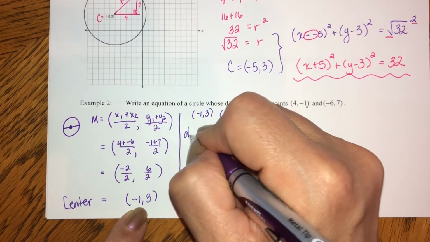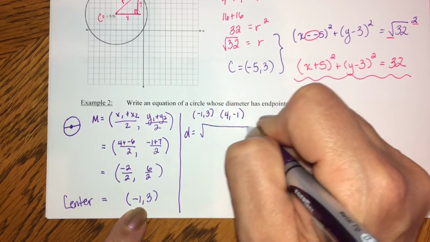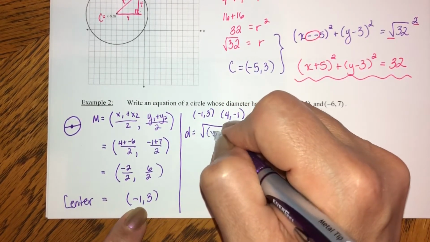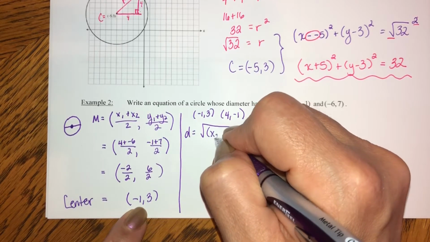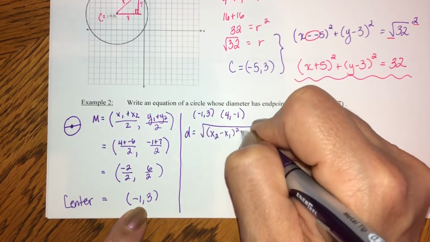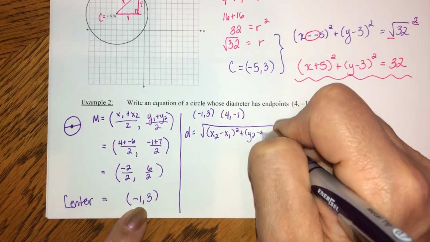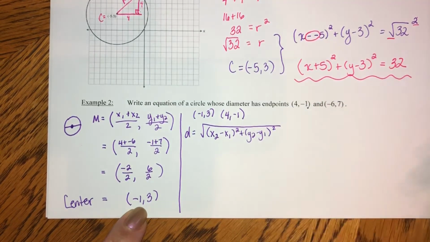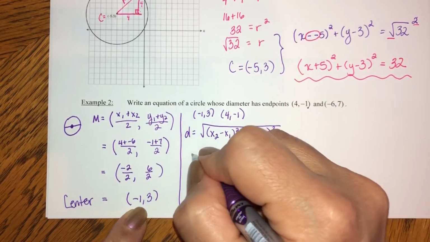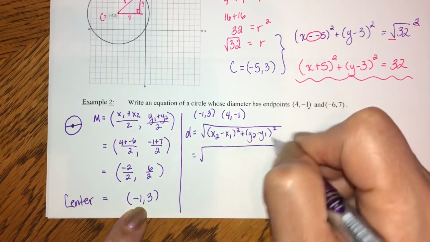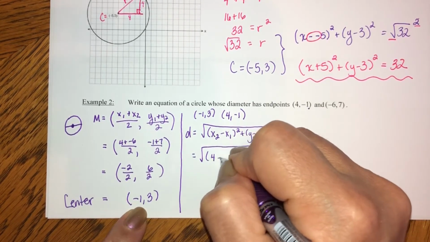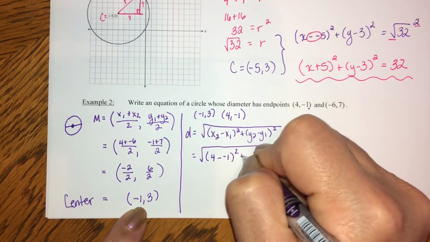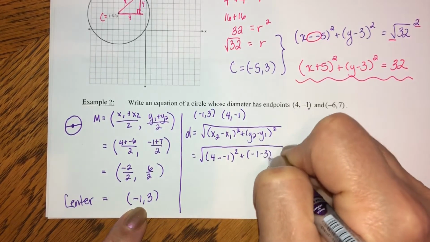And I'm going to go over to my distance formula. Distance formula here: x2 minus x1 squared plus y2 minus y1 squared, all underneath the great big square root sign. So that becomes the square root of 4 minus negative 1 squared plus negative 1 minus 3 squared.